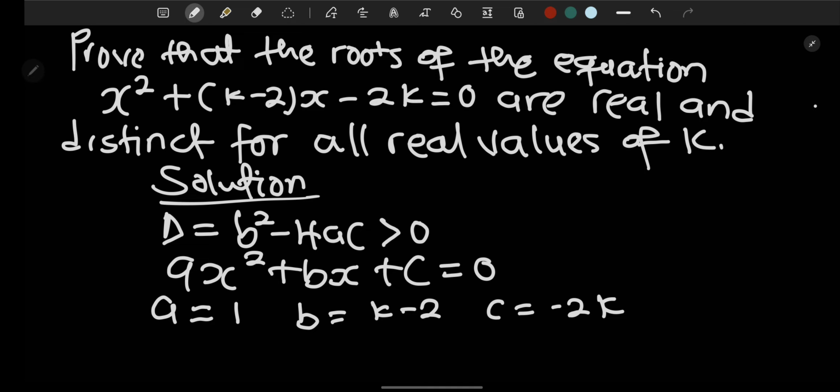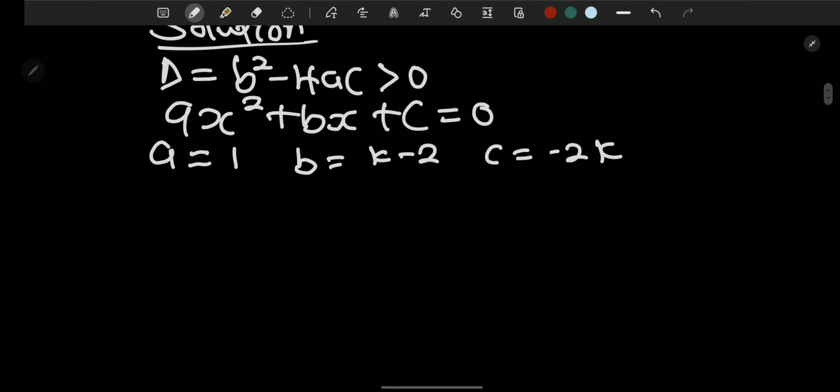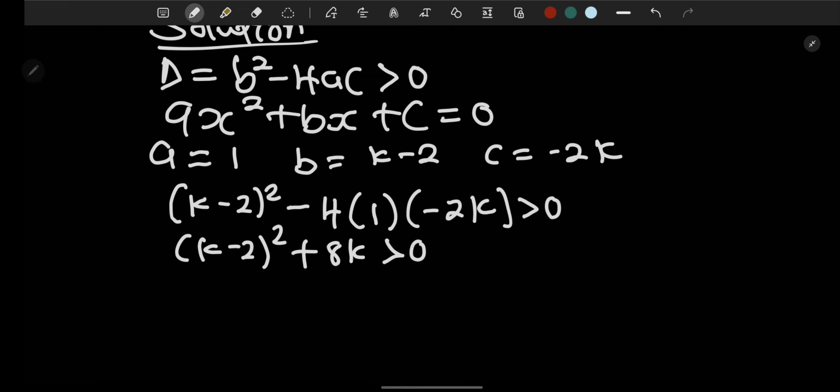By the time you substitute that, we have (k minus 2) all squared minus 4 in brackets of 1 times minus 2k, greater than 0. And of course we have (k minus 2) squared, and minus 4 times minus 2k will give us plus 8k greater than 0.